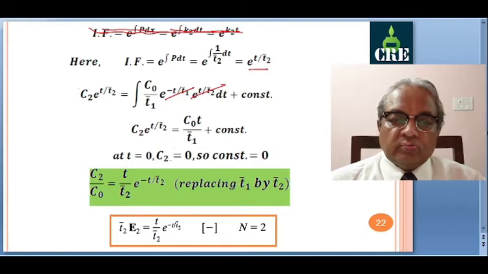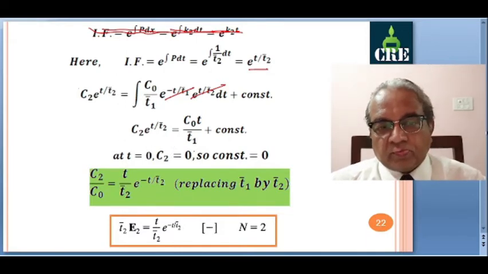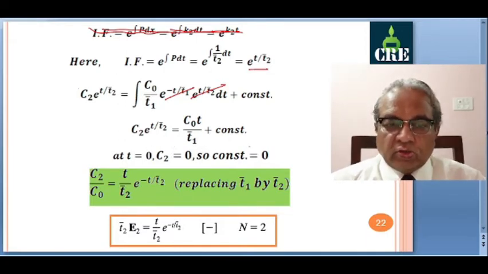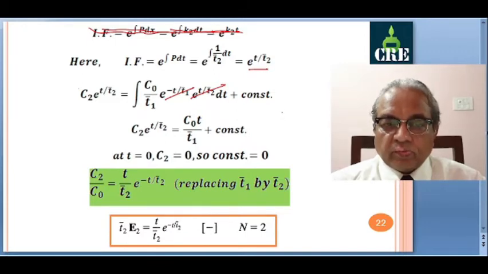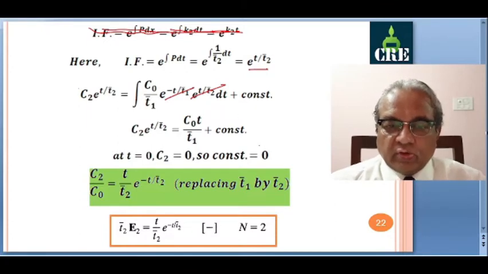At t equal to 0, C2 is equal to 0, because in the tank at time t equal to 0, it is just before addition of C1. So the constant will be 0.